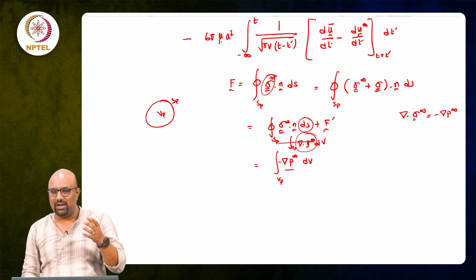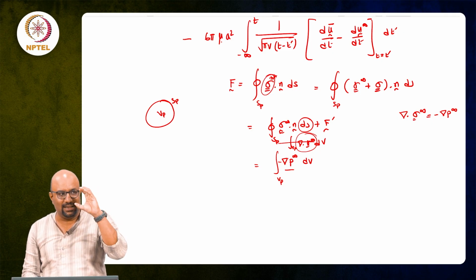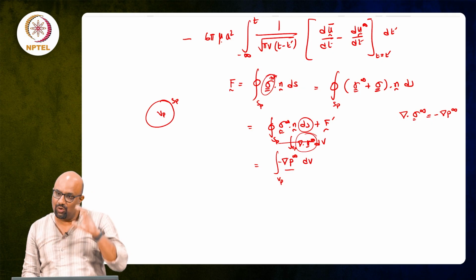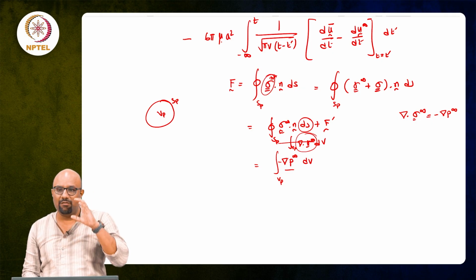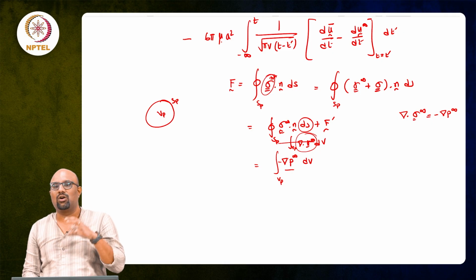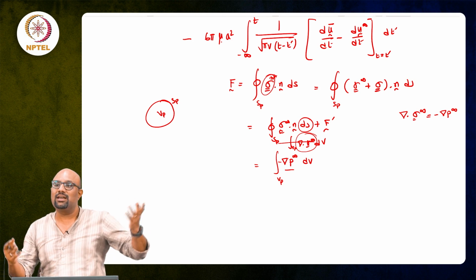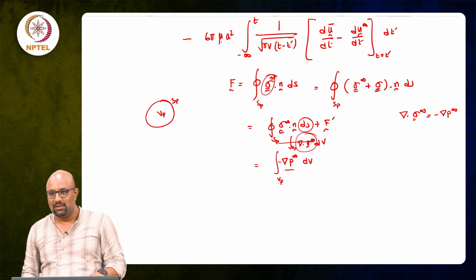If there was no spherical particle and you identified exactly the same region, there would be a force acting there by virtue of the fact that the background flow is not constant in space and time. In this problem it is not constant in time, it is accelerating. Because the background flow is accelerating, you require a pressure gradient, because the background flow is not existing in a random space. It is also a solution of the Navier-Stokes equation.